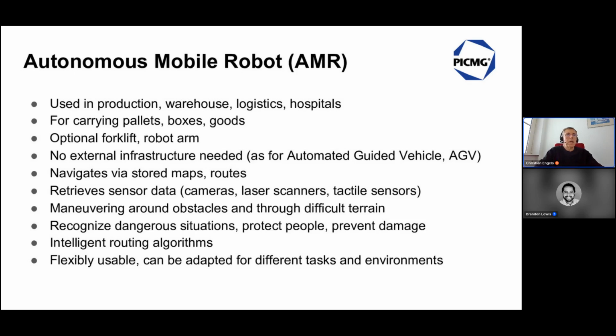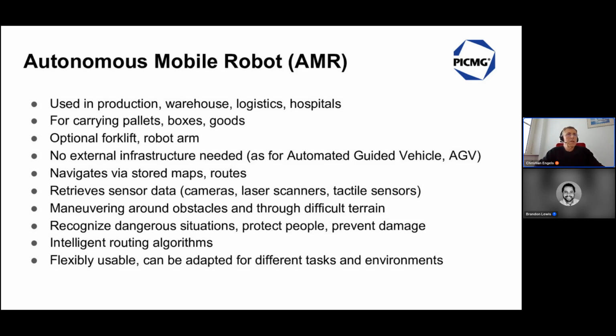In my next example, this is also more or less about automation. I want to talk about autonomous mobile robots. You find these devices in production, warehouses, logistics, or in hospitals, and I'm pretty sure there are other examples where they are used.